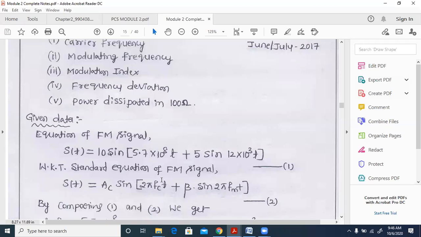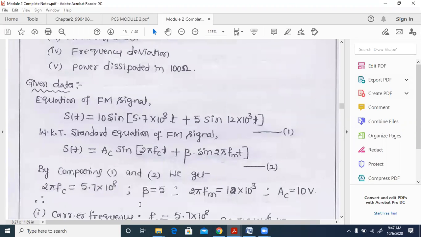So from this, you can make out that 2 pi FC is this quantity. Therefore, FC will be 5.7 into 10 to the power of 8 by 2 pi. Beta is equal to 5. Then 2 pi FM is equal to 12 into 10 to the power of 3. That will give us FM is equal to 12 into 10 to the power of 3 divided by 2 pi.